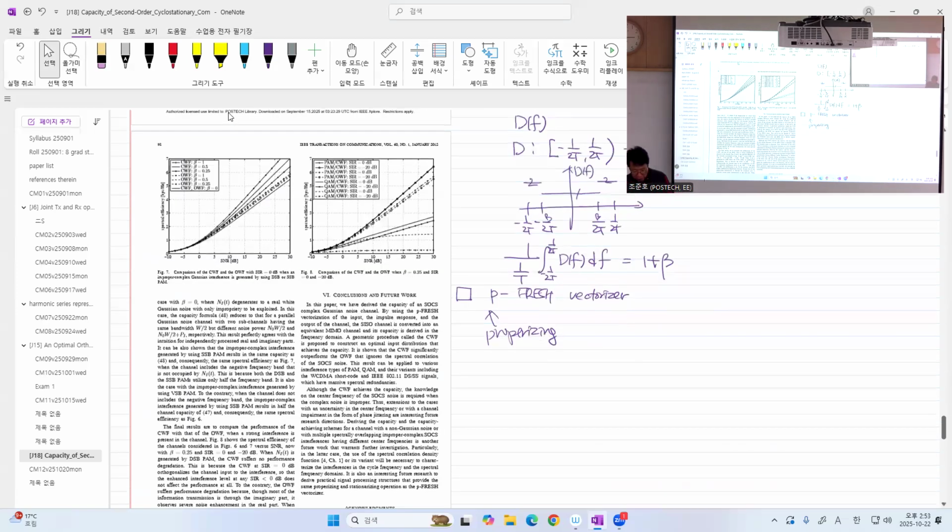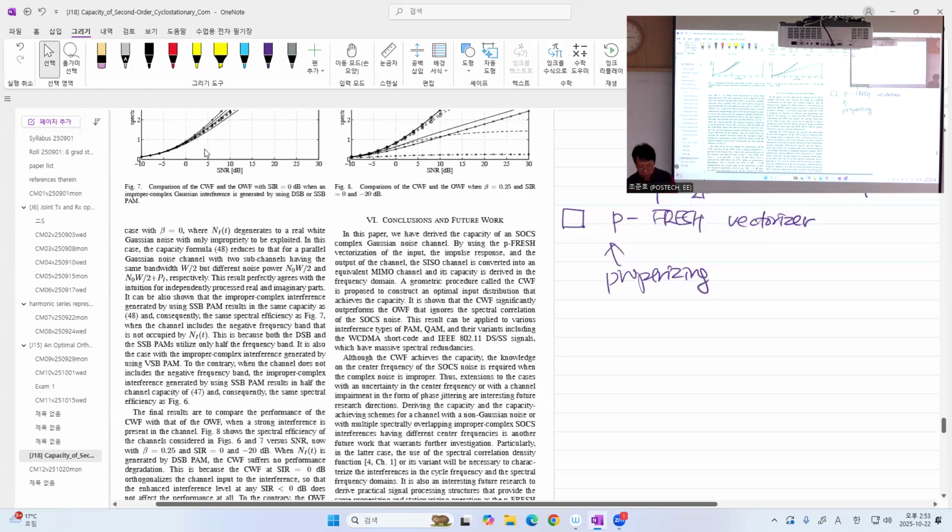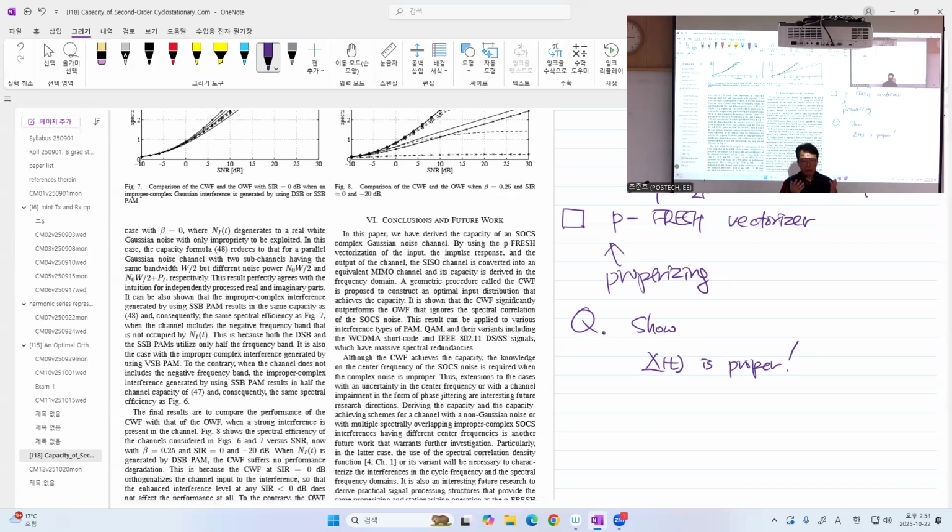So the question is, here x underscore t, the x vector, is the output of the p-fresh vectorizer with frequency shift 1 over T that corresponds to the cycle period of this improper complex random process x.